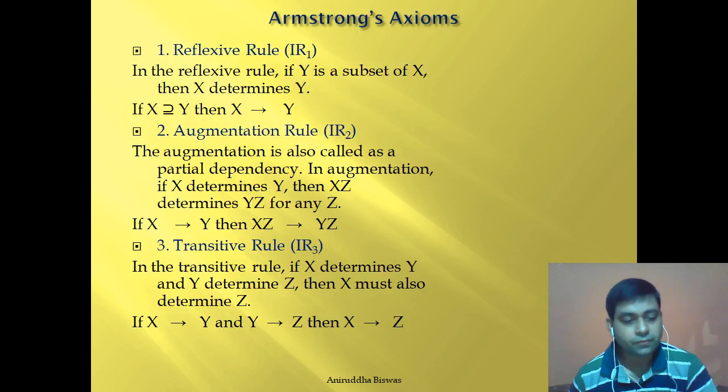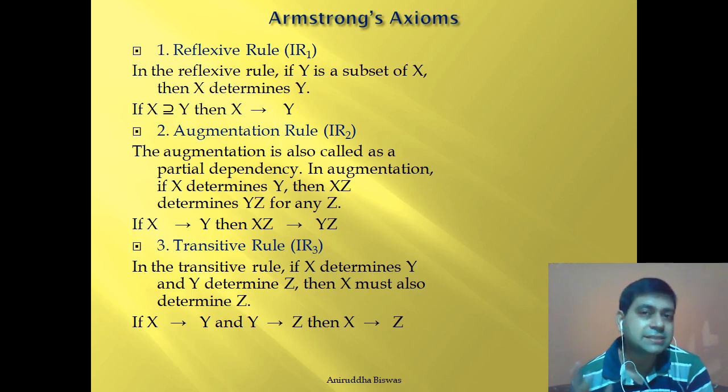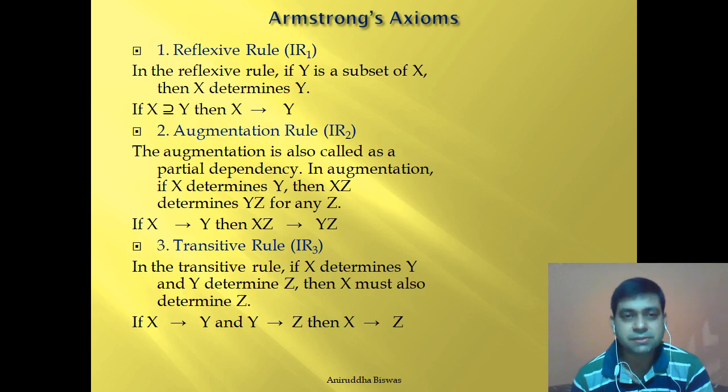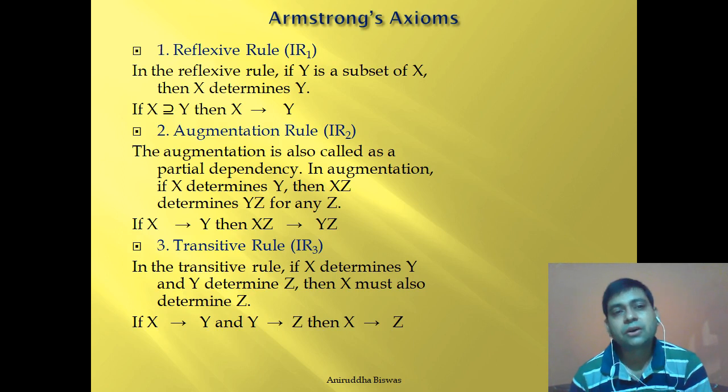Now let's move on to the next discussion. The basic building blocks of functional dependency are Armstrong's axioms, which are very important to understand each and every concept of functional dependencies. Armstrong set 3 axioms at the very beginning, and from those 3 axioms 3 more are inferred, or derived.